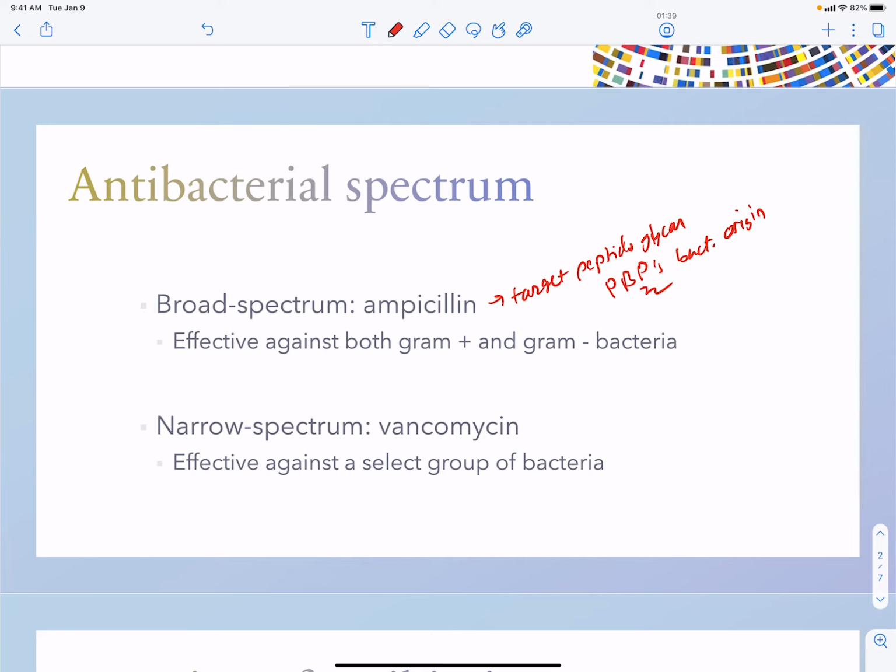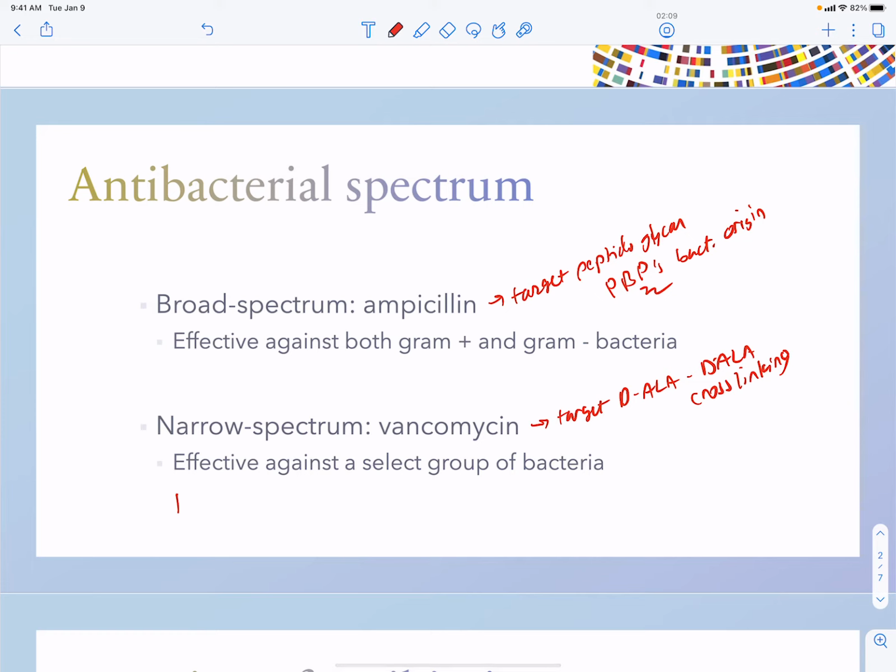And so vancomycin is going to target the D-alanine cross-linking. Okay, and some bacteria don't even use D-alanine cross-linking, and so they would be more resistant to vancomycin. Vancomycin is typically going to be almost the last resort for severe staph infections that are resistant to some of the more broad spectrum antibiotics.